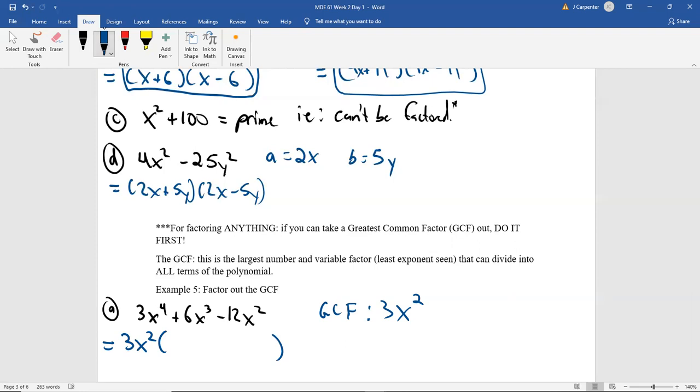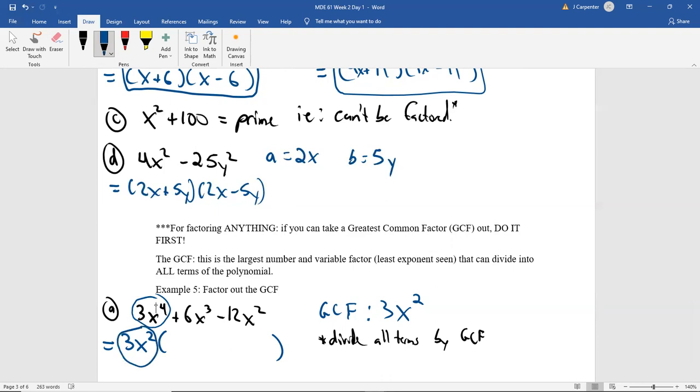Inside of that parentheses, we will divide all terms by the GCF. So for this first one, we're saying, all right, what is 3x to the 4th divided by 3x squared?